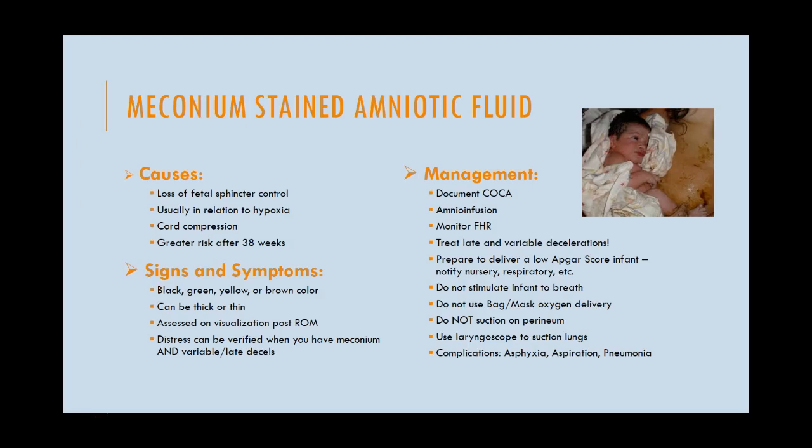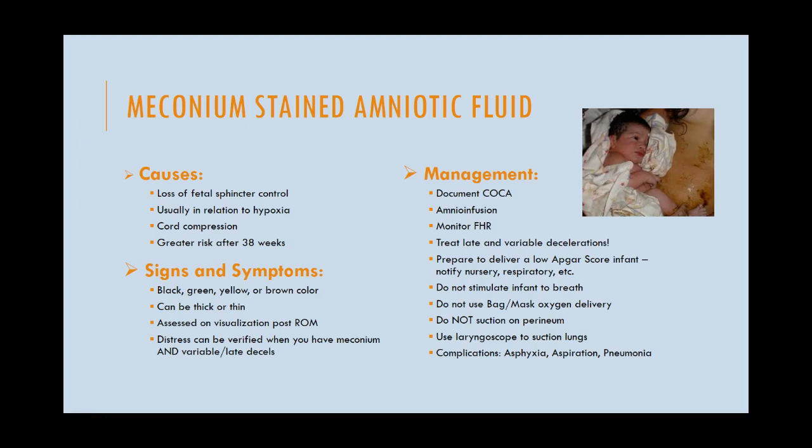Another high-risk factor are moms that have meconium-stained amniotic fluid. Now, meconium is that first stool that babies pass after they're born, and babies that pass this stool in utero do so because of a loss of their sphincter control, and usually that has to do with some type of hypoxic insult that they have experienced inside mom.